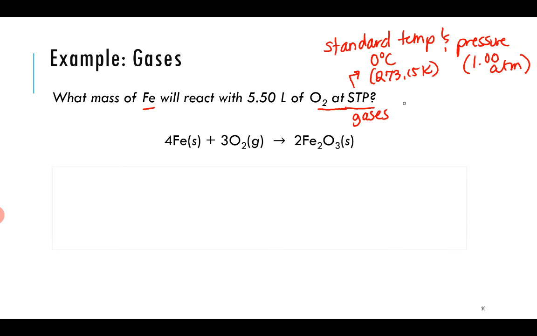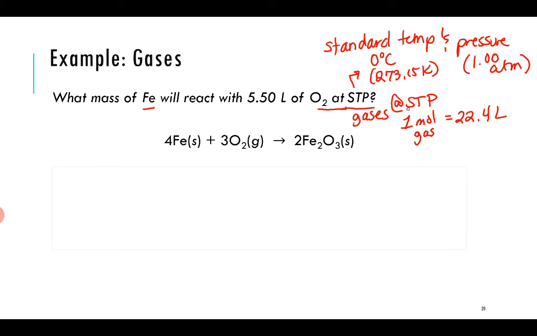I could also remember what volume 1 mole of gas at STP occupies. If you look back in your notes from the previous chapter, you should find that at STP, 1 mole of any gas occupies 22.4 liters of volume. And so I can use this as a shortcut in my math.